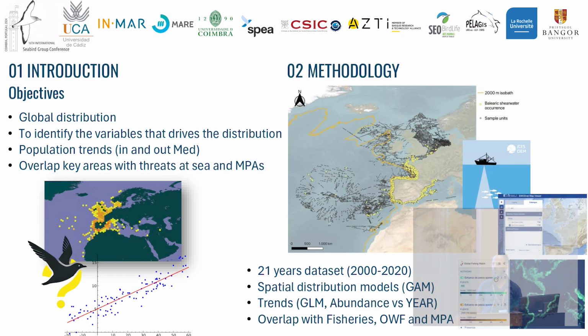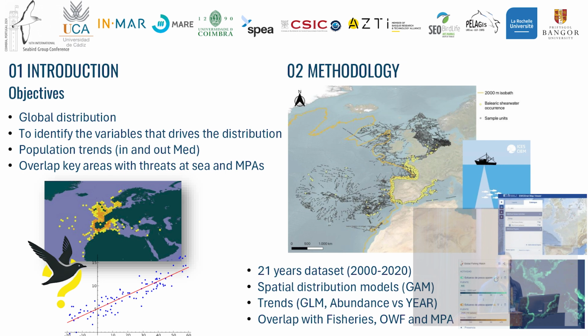So under this situation, we try to give an overview of the global distribution, going beyond the known areas, to identify the variables that drive the distribution of the species, to give a population trend in and out of the Mediterranean, and to overlap the core areas with the main threats and also the protected areas, to know how well protected the species is.